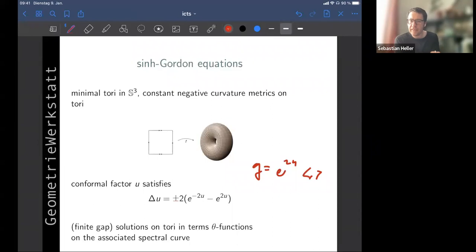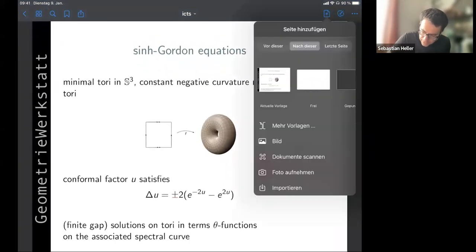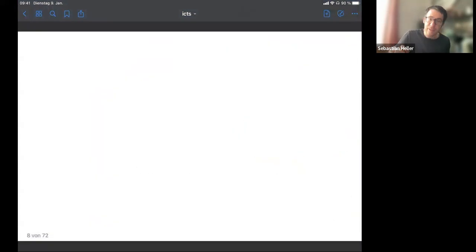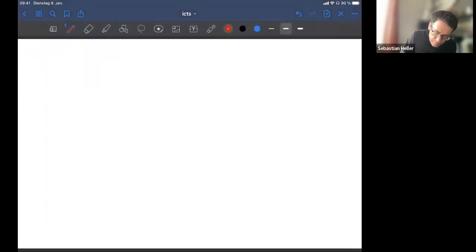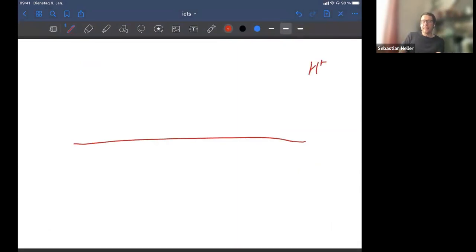So there's a particularly nice geometric way of doing that. Let me just draw a picture. Think of the hyperbolic space separated by the S1 here.